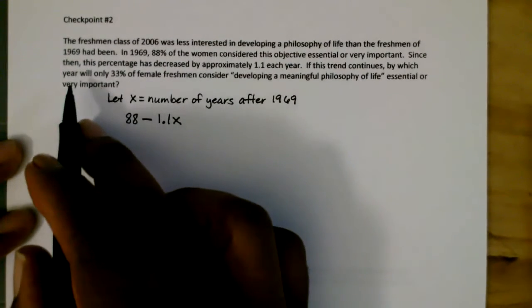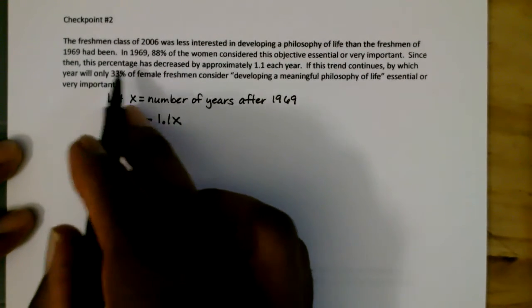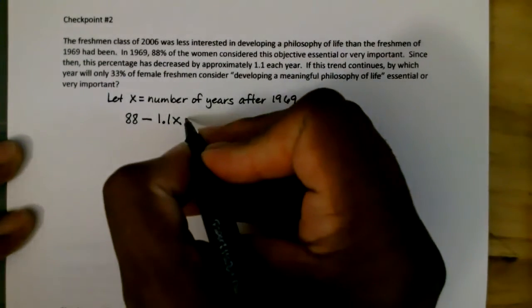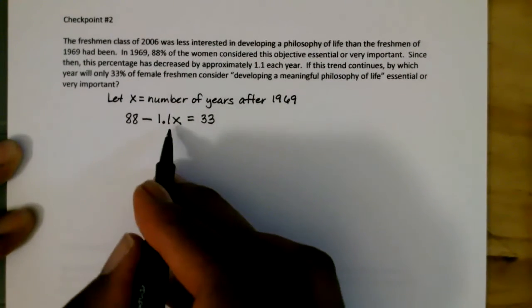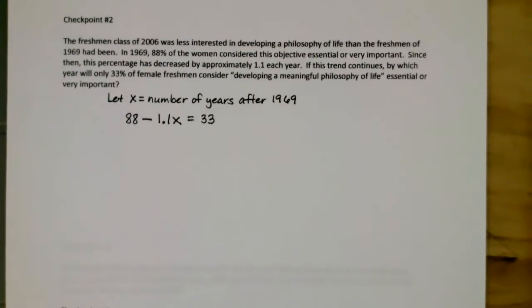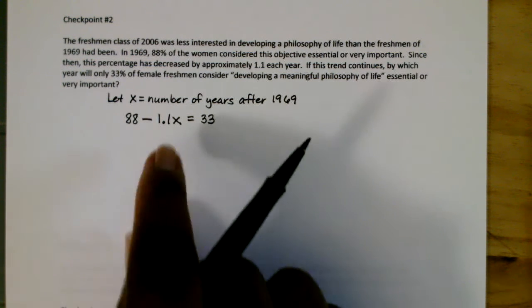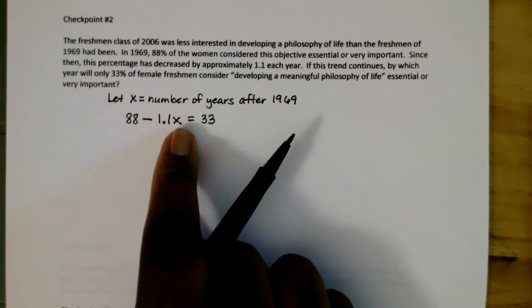And then we want to know which year we're only 33%. So this expression, 88 minus 1.1x, has to equal 33. So that's our equation that we're going to solve for x. All right, so I need to get negative 1.1x by itself.